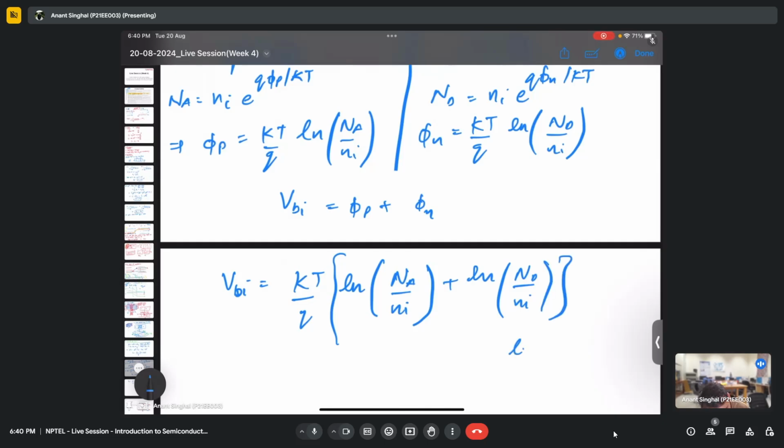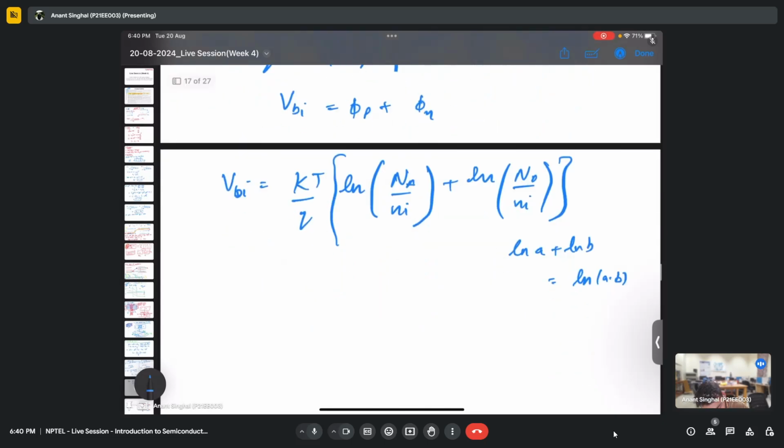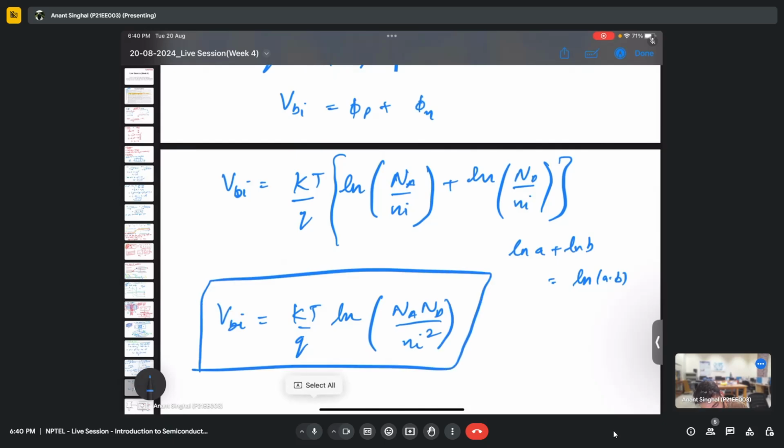We already know that ln A plus ln B is ln of A times B. So using this, we have our built-in potential as kT by q ln of Na Nd by ni squared. Is it clear to everyone?